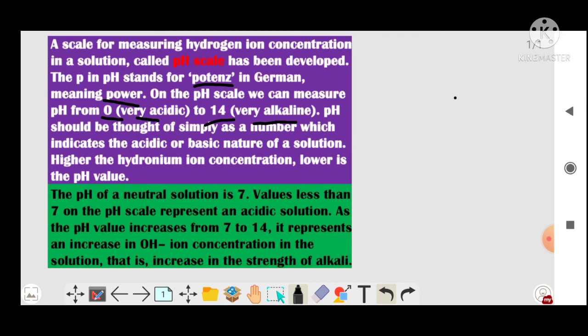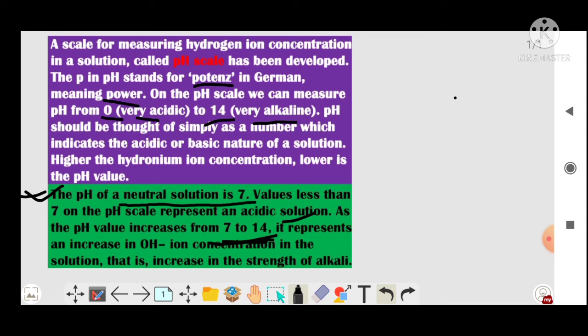Now, the pH of a neutral solution is 7. This is a very important question. The pH value of a neutral solution is 7. Values less than 7 on the pH scale represent acidic solutions, and values from 7 to 14 represent an increased hydroxide ion concentration in the solution.